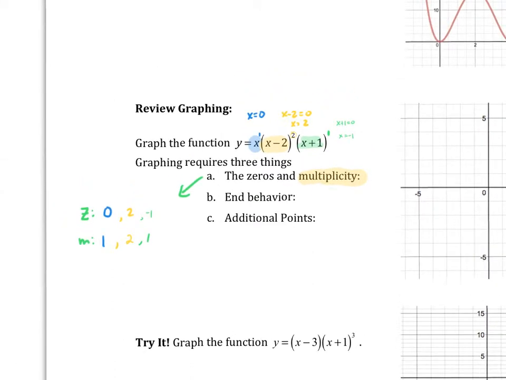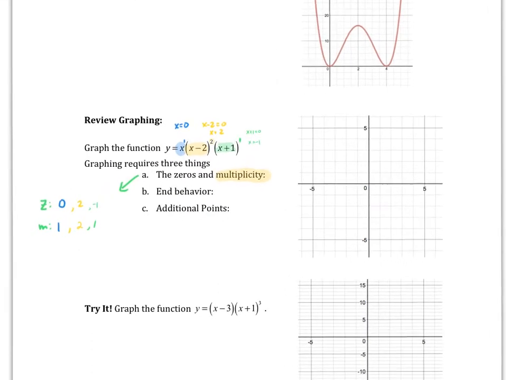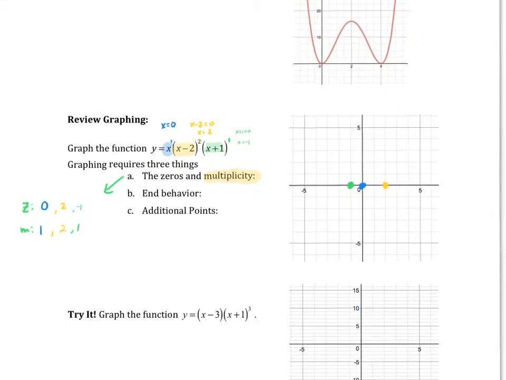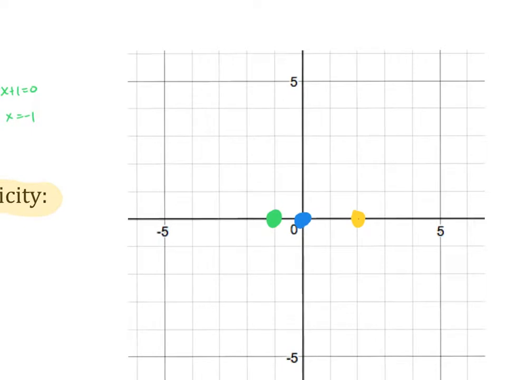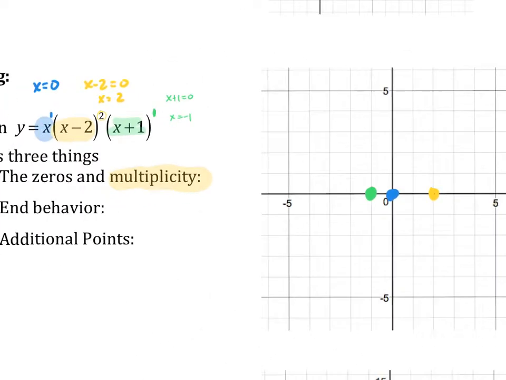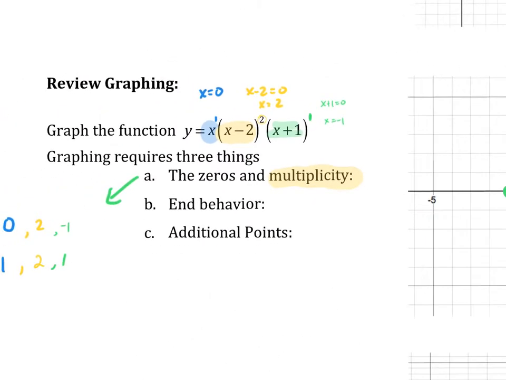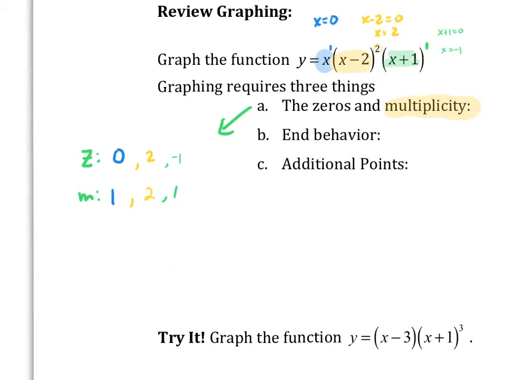First off, we have our zeros, a 0, a 2, and a negative 1, so we can graph them over here. The 0 lives somewhere about here, our 2 lives somewhere about here, and our negative 1 lives there. Now, based on our theorem about multiplicity, each one of these has a specific shape.